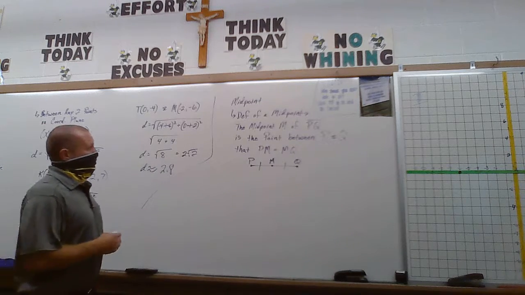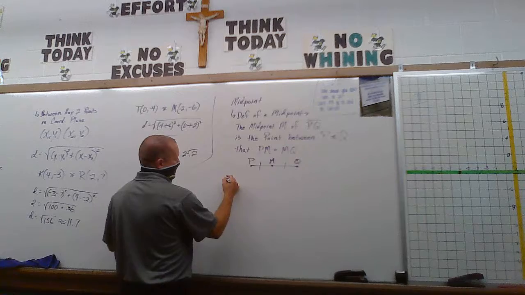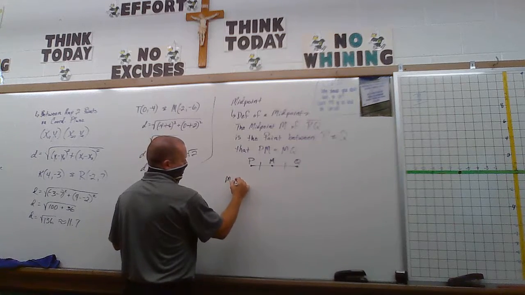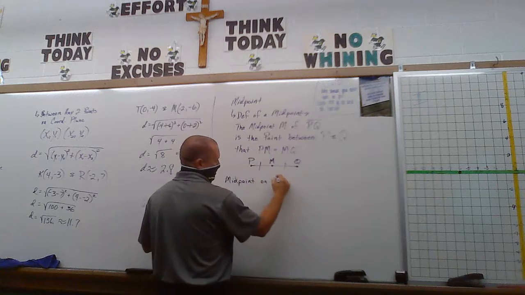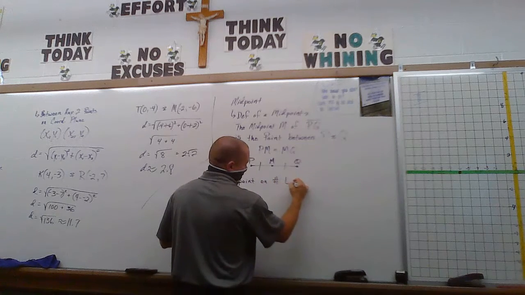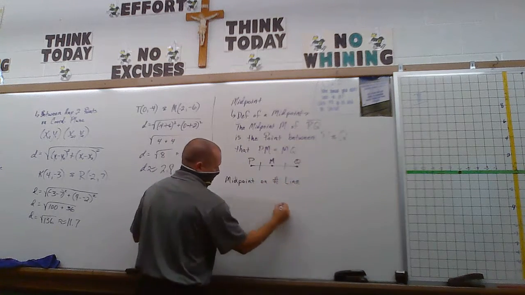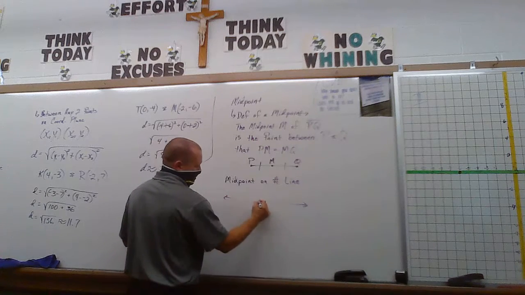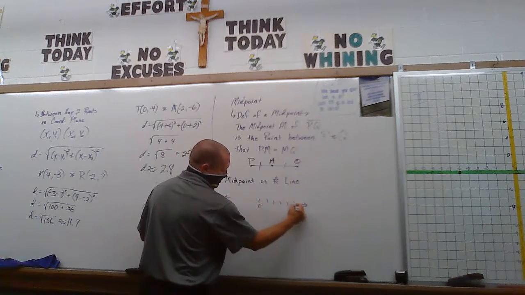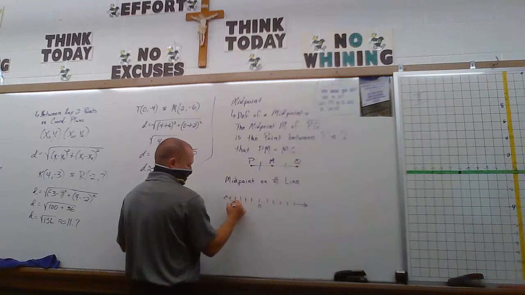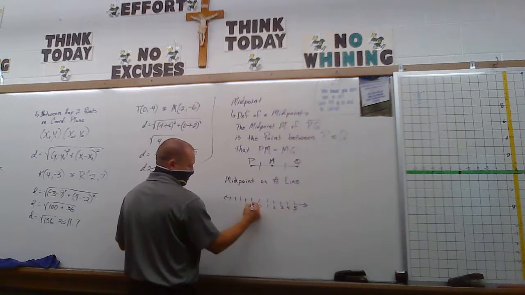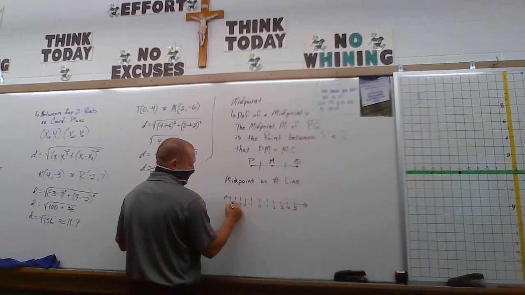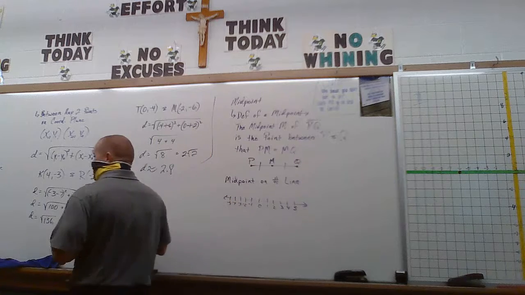So we actually have two formulas then. And what is a midpoint on a number line? So again, if we have our number line, we have our little slashes, we have our numbers down here. I could go through and just kind of tally it off one by one.